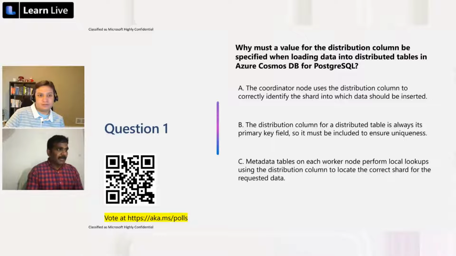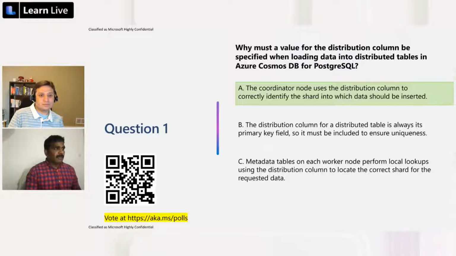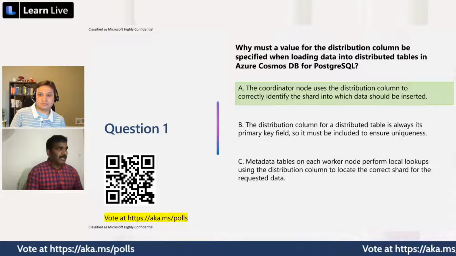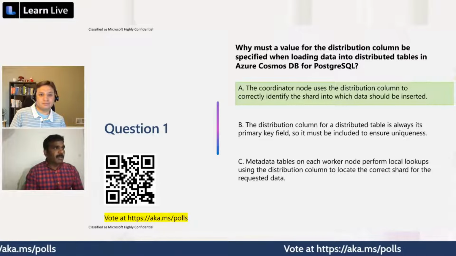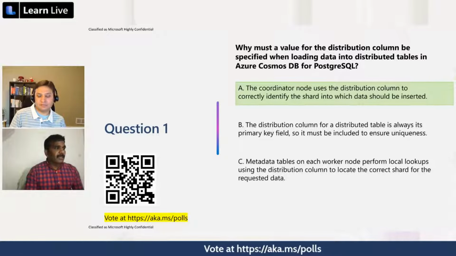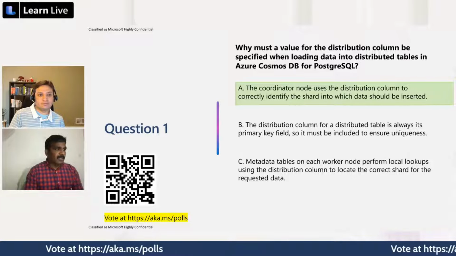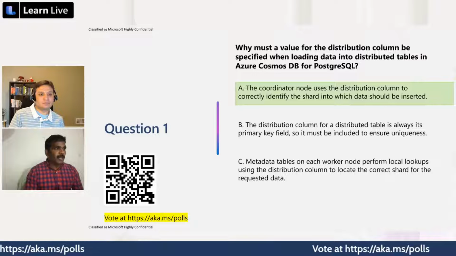Okay, so this is the time to say the answer. The answer is A. Option A is the correct answer. The reason for option A is each row in the distributed table is written to a shard based on the value of the distribution column.